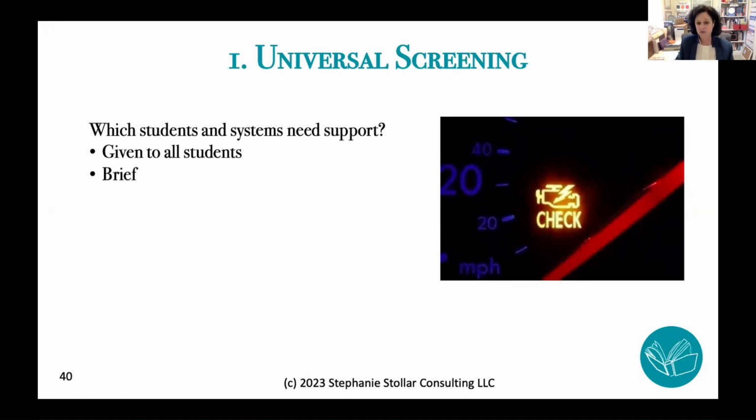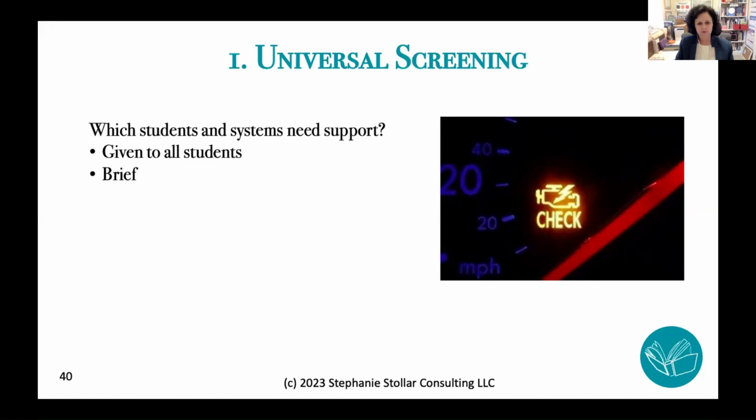They must be brief because we are using them typically 3 times a year with all students. If we're going to take time away from instruction with every student, it has to be brief. We can't take an hour or 45 minutes to do screening multiple times a year with every single student.